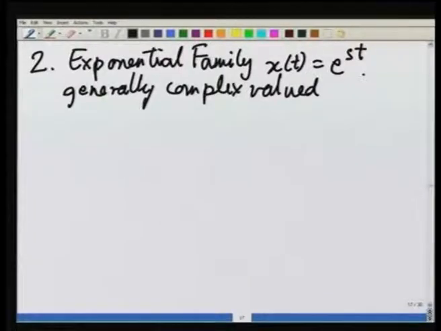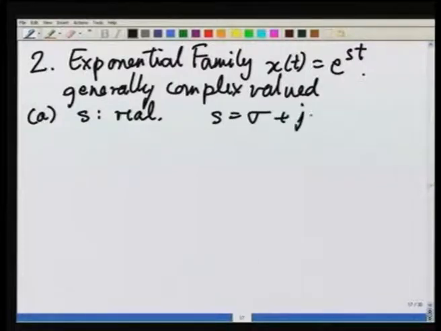Let us take the different classes of signals in this large family one by one. The first class is when we set s to be real. When s is real, we will call it e to the power sigma t, because in general we will say that s equals sigma plus j omega.